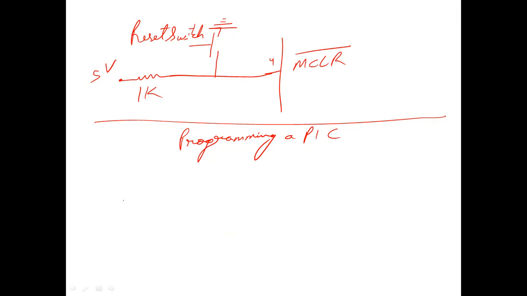So some of the commands we will just try to see, like BCF, comma, B. Now this is one command. This means bit clear F. So what does this command do?